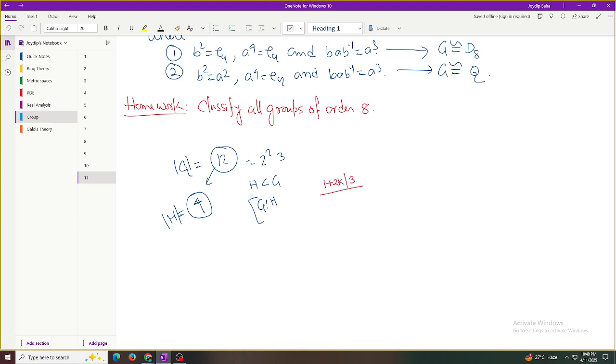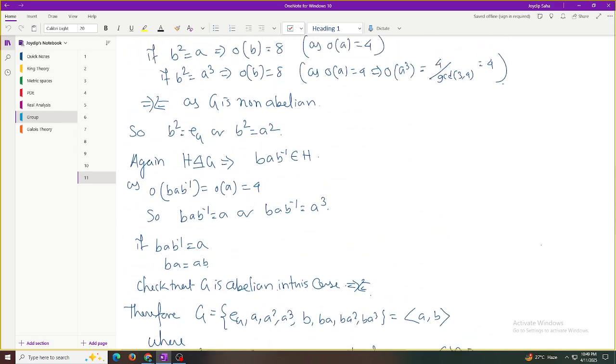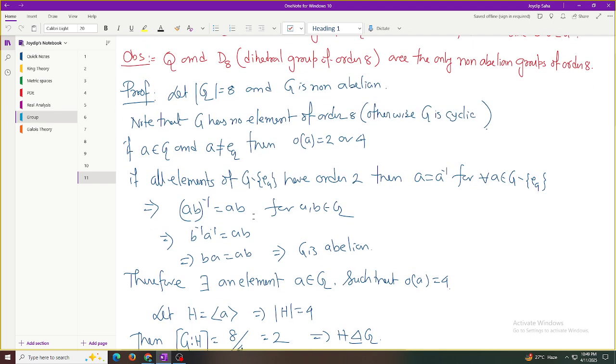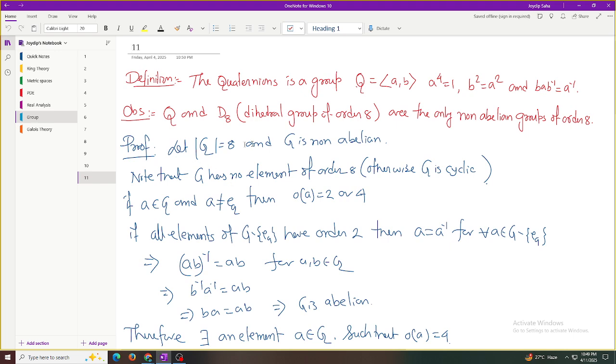If all elements have order 2, then it is abelian. All we have proved here.